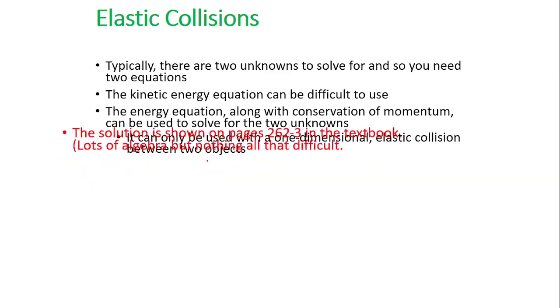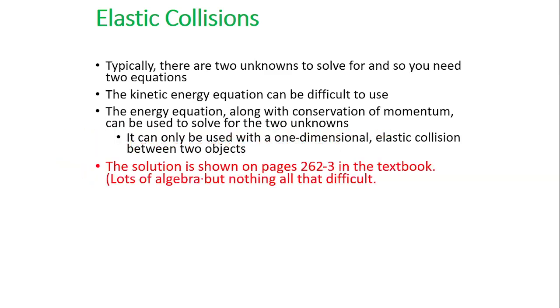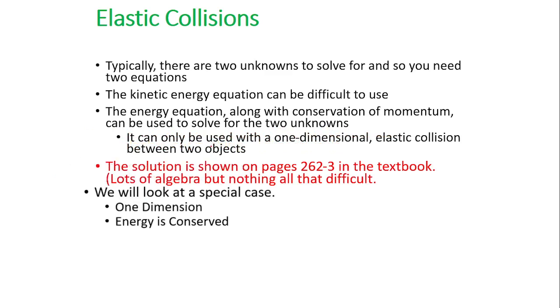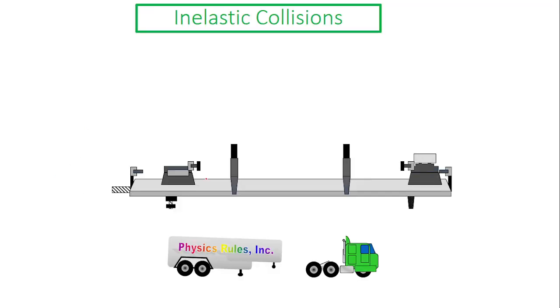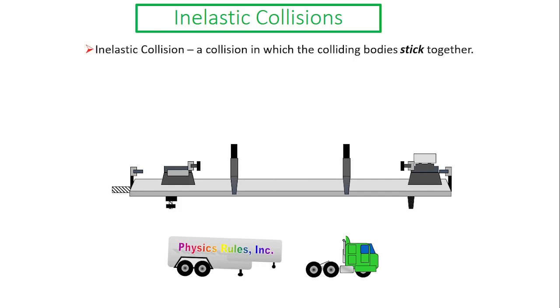One thing you need to understand will be explained later on. Let me quickly look at inelastic collision. When you talk of inelastic collision, the colliding objects normally stick together, the way I'll demonstrate later on.